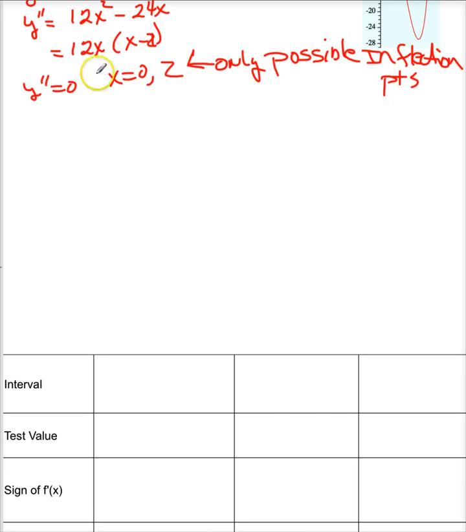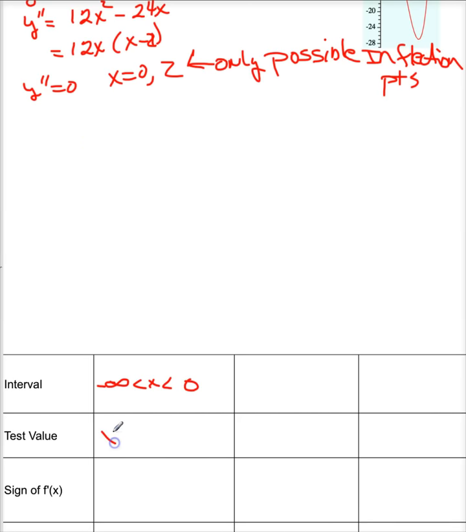So now, let's take our interval. Let's look from negative infinity to 0. And pick a value. It doesn't matter what that value is.